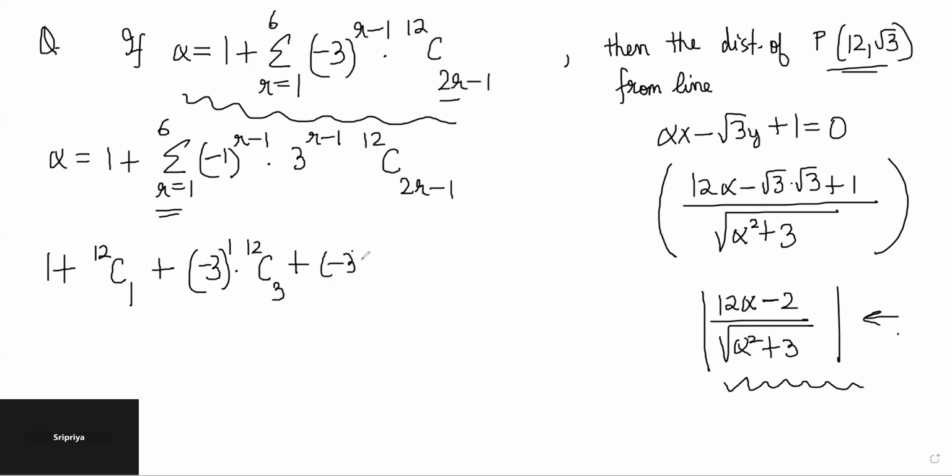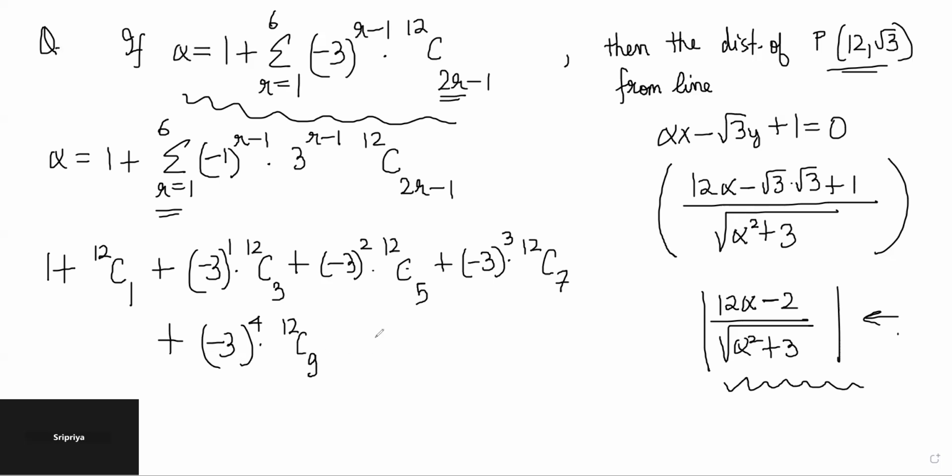Then minus 3 power 2, and when you put 3 here you are getting 5, so clearly odd terms are coming. The next will be 12c7. Next term will be minus 3 power 4, 12c9. And next term will be minus 3 power 5. When you put r is equal to 6, it will be 12c11.